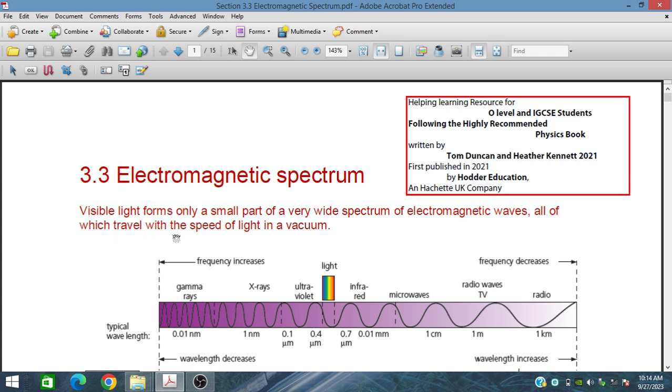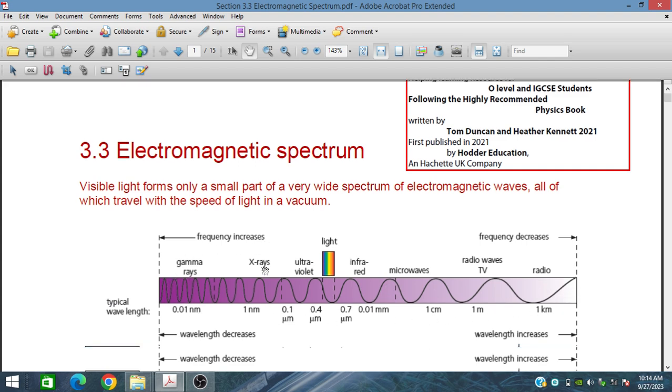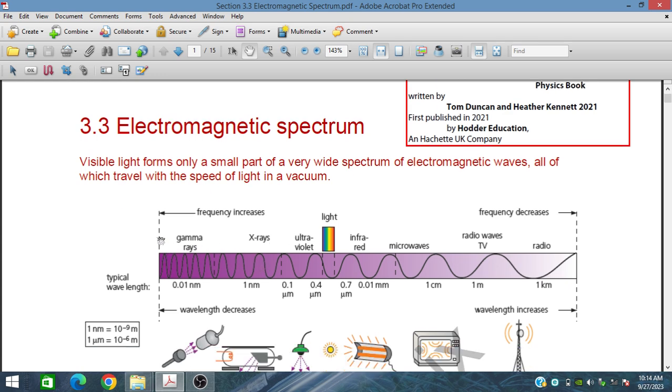In a vacuum, all electromagnetic waves travel with the speed of light, and we see this across the range from here to here.